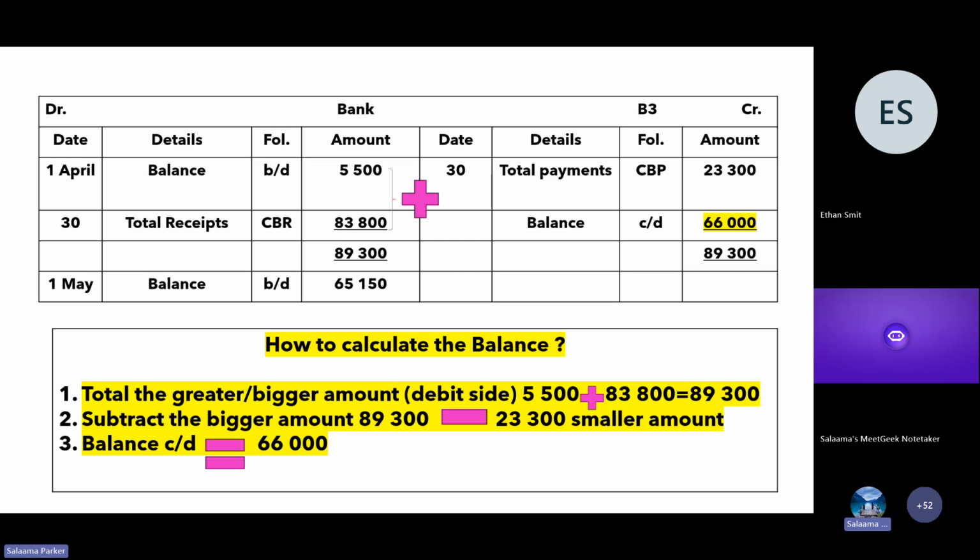Please note you have to record the balance on the correct side. If they say it's an unfavorable balance that the business had, then it will be on the credit side. So just remember that.